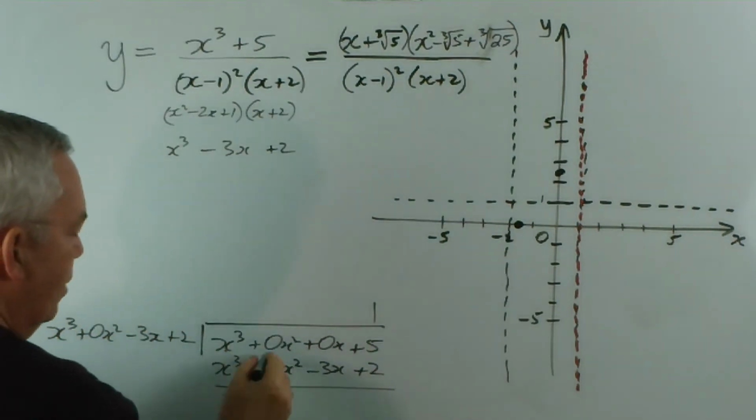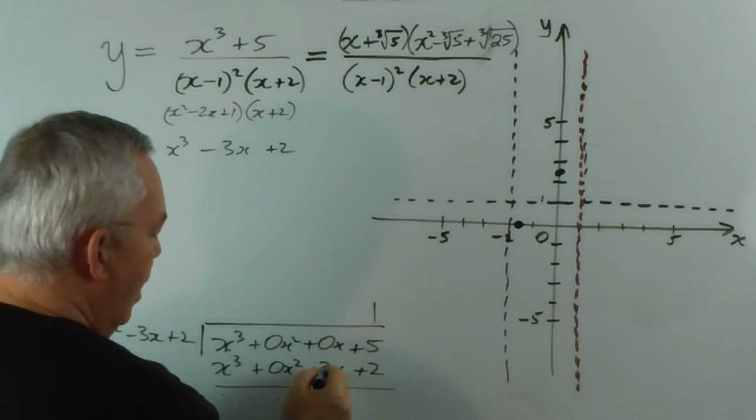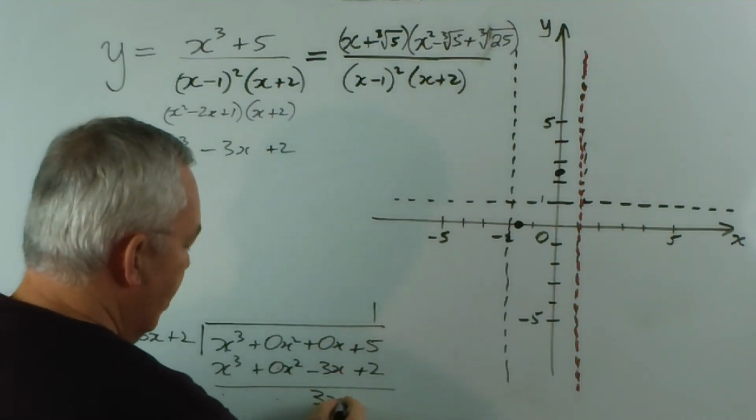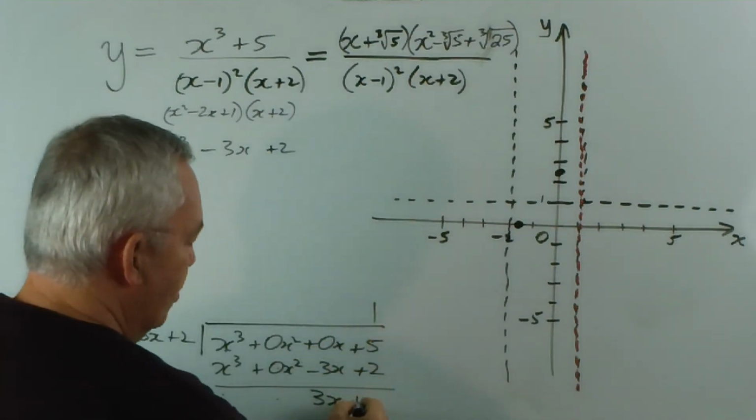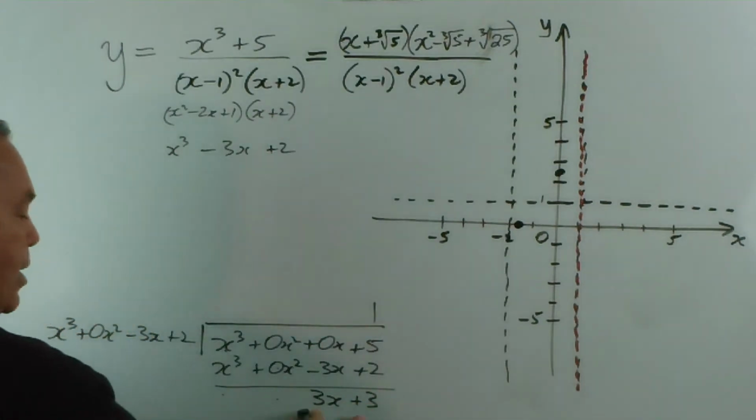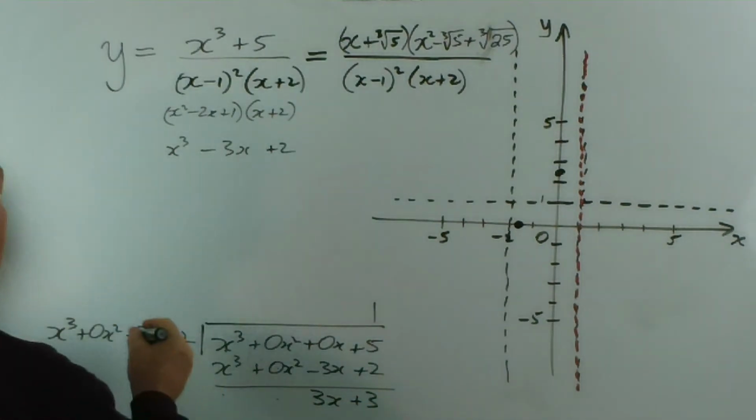That minus that is 0, that minus that is 0, that minus minus 3x is plus 3x, and 5 minus 2 is 3. And that's handy, we've got a common factor.